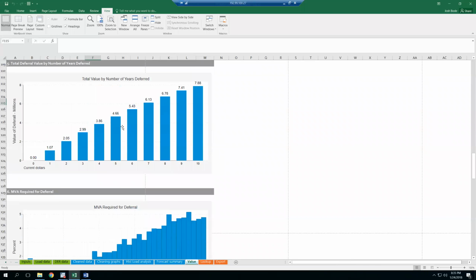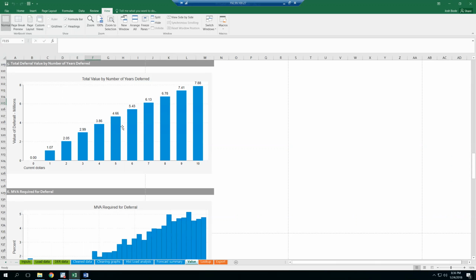This is the total value, in this case in millions, if you manage to defer the project by 1 year versus if you manage to defer it by 10 years with all the increments in between. So a 5-year deferral is essentially worth 4.66 million, whereas a 2-year deferral is worth 2.5 million.